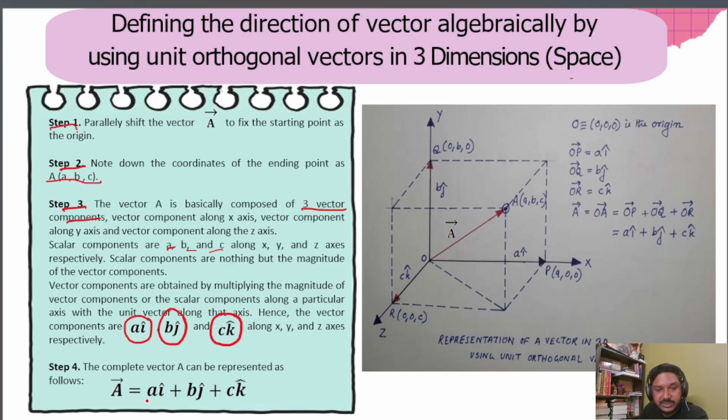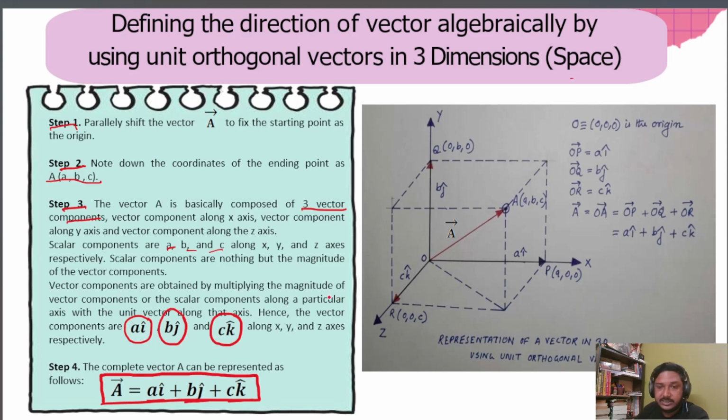Now we simply add the vector component along x-axis, along y-axis, and along z-axis, and that together gives us the total vector A. And this is how you can represent a vector in 3 dimensions by using unit orthogonal vectors, and in that representation the magnitude as well as the direction are both taken care of.